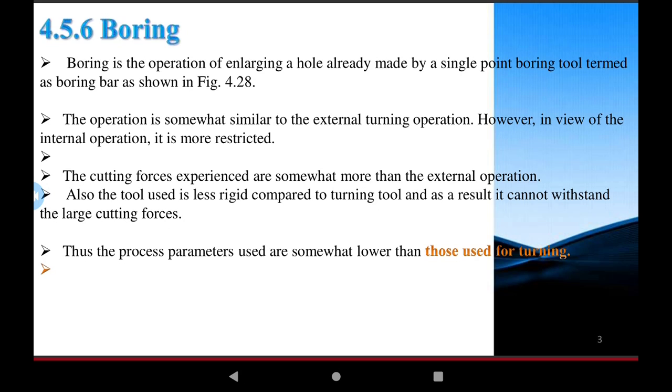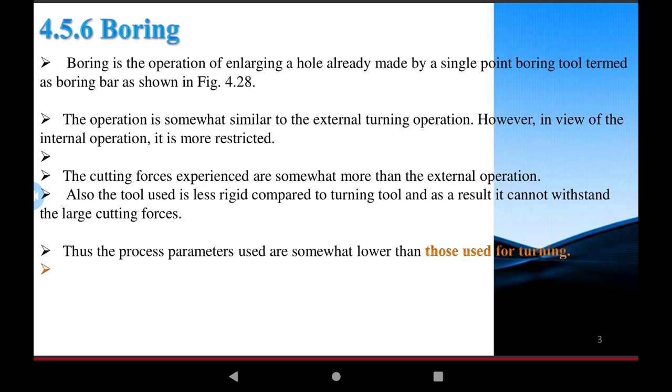In the internal turning operation, we increase the hole diameter of the workpiece by using the internal turning tools.